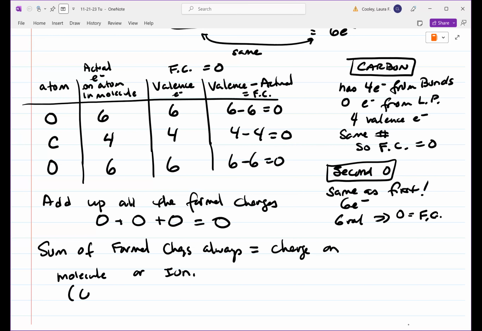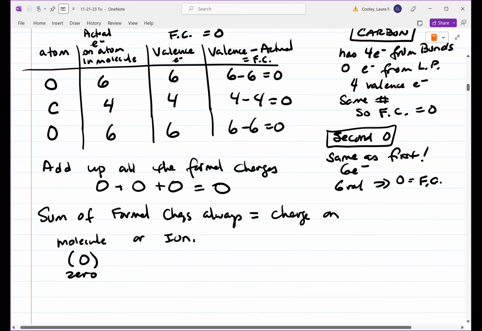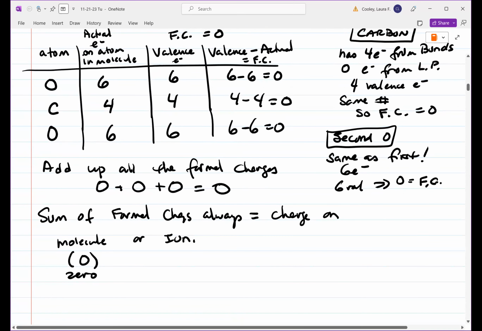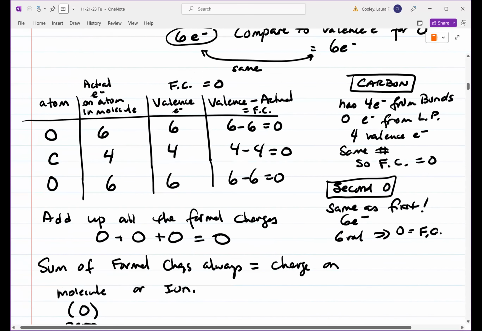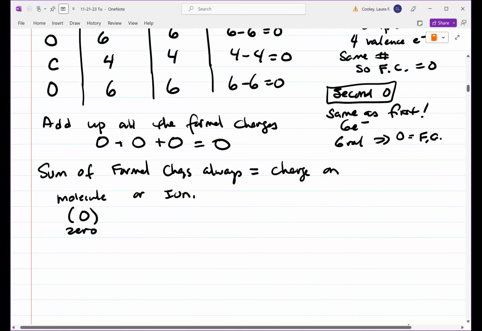So if it's a molecule, all the formal charges will add up to 0 because molecules are neutral. For an ion, they will add up to the charge on the ion. So if I have a -1 ion, all the formal charges will add up to -1, etc. I'll show you an example of that later. All right, so that's what we have for the first one.